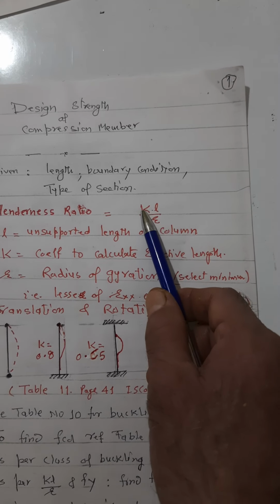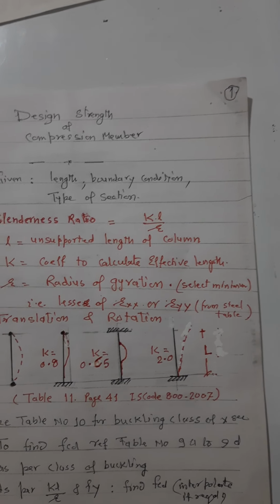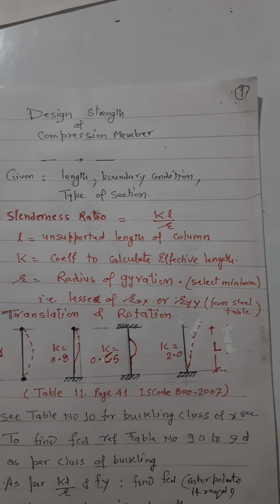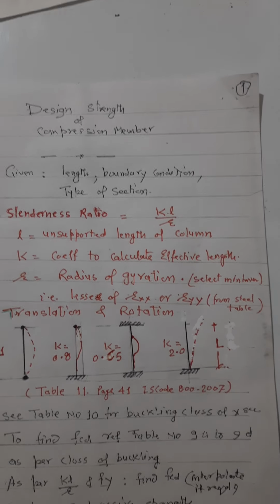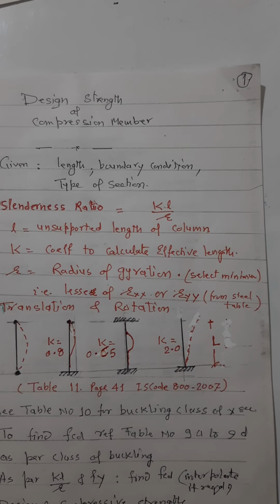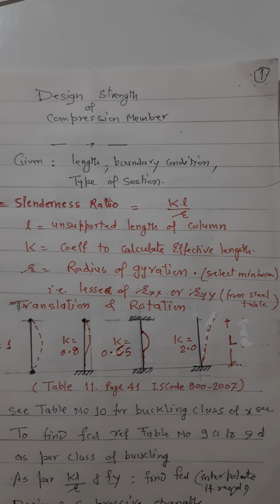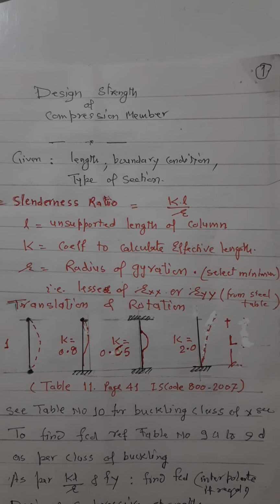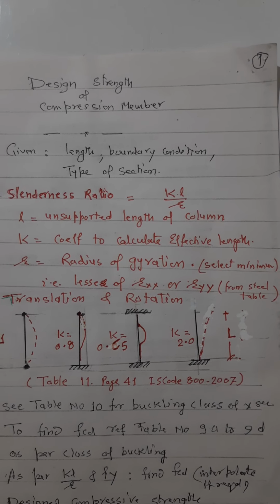So here we can find the effective length of the column divided by r. r is nothing but the radius of gyration, generally known as the radius of gyration of every sectional member. The value of the radius of gyration is already given in a steel table.